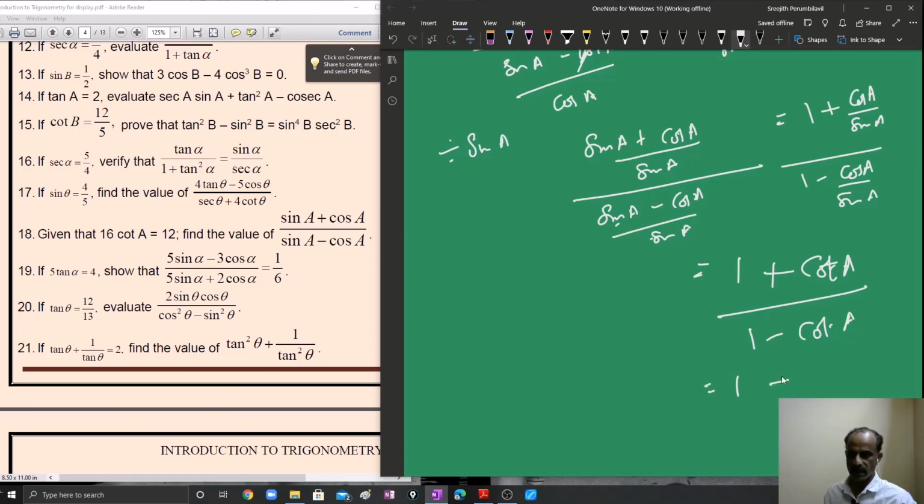Take it here and substitute 12 by 16, 1 minus 12 by 16, simplify directly.